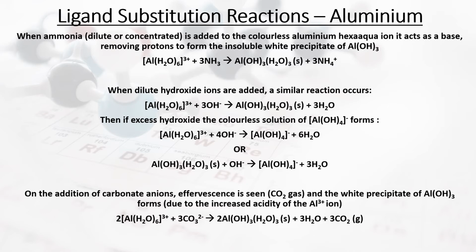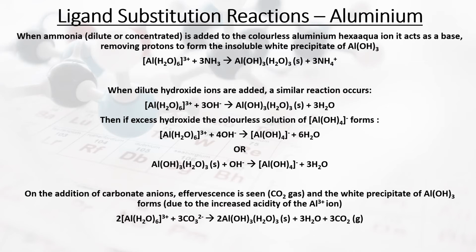Now, I said that earlier on we'll come back to looking at aluminium. Even though it's not a transition metal, it's useful to talk about because essentially it demonstrates this idea that transition metals show colour while most main group elements do not. And so we can take ammonia, again dilute or concentrated, added to our aluminium hexaaqua ion. Now the aluminium hexaaqua ion, not being a transition metal, not having these partly filled d orbitals available to it, is colourless.